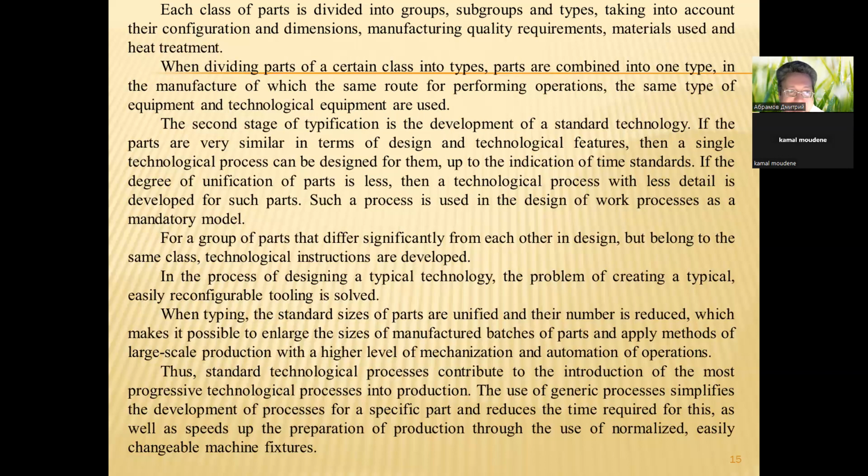If the parts are very similar in terms of design and technological features, then a single technological process can be designed for them up to the indication of time standards. If the degree of unification of parts is less, then a technological process with less detail is developed for such parts. Such a process is used in the design of work processes.